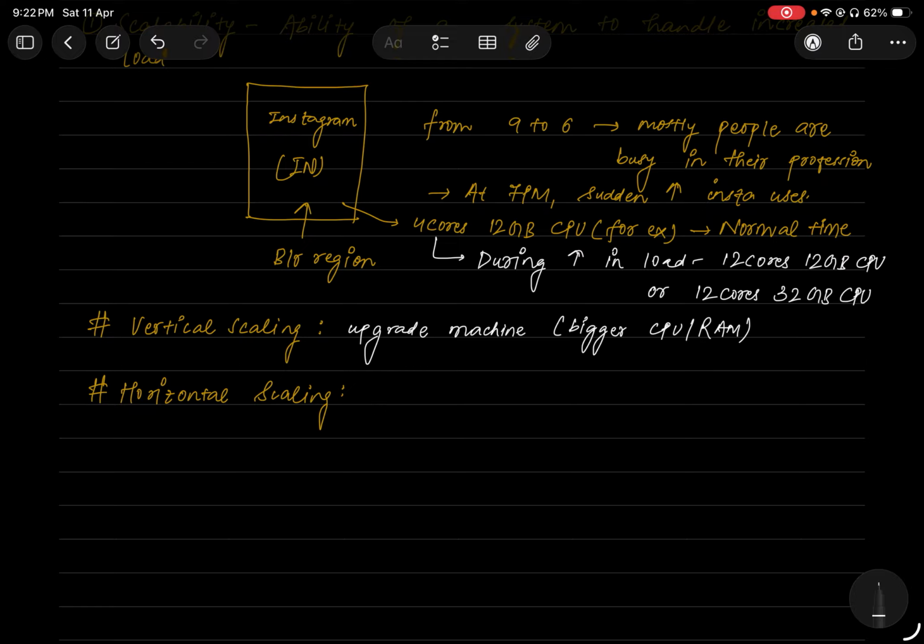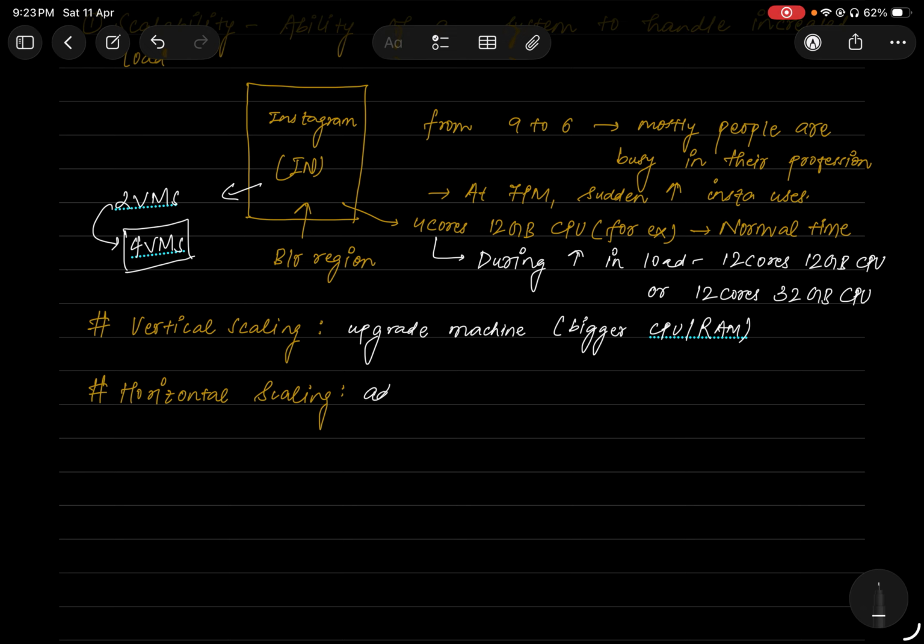Okay. So instead of this, we can have more machines. Let's say initially we are having two virtual machines for handling all the load. Now we can increase it to four virtual machines. So basically we are adding more machines.